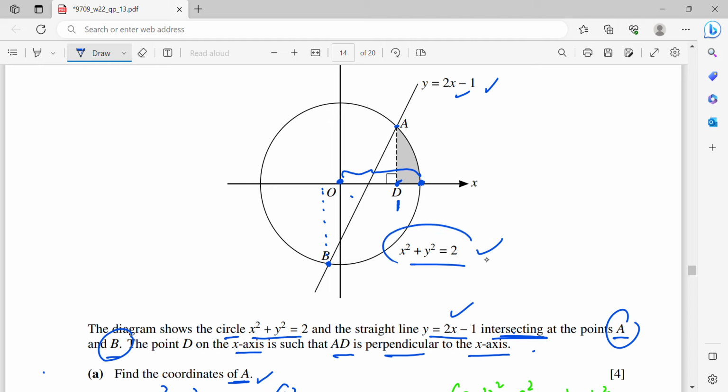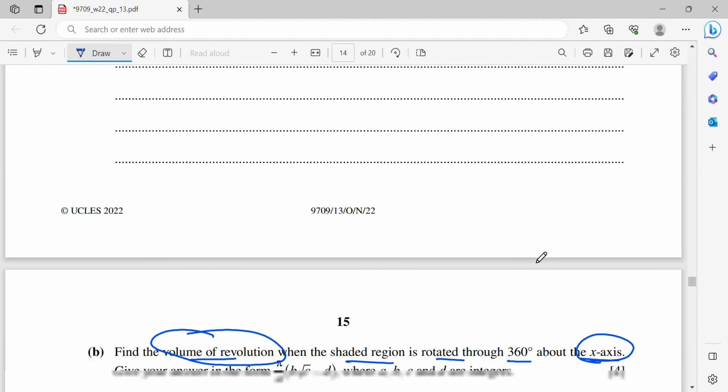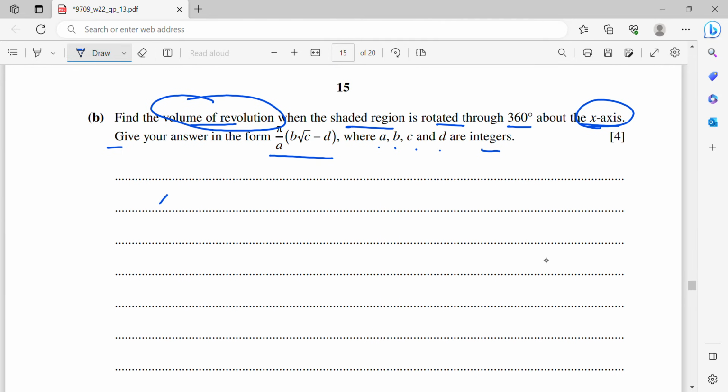So now let's refer back to the original equation of the circle. x squared plus y squared equals 2. Alright, so the general form of the equation of a circle is (x minus a) squared plus (y minus b) squared equals r squared.